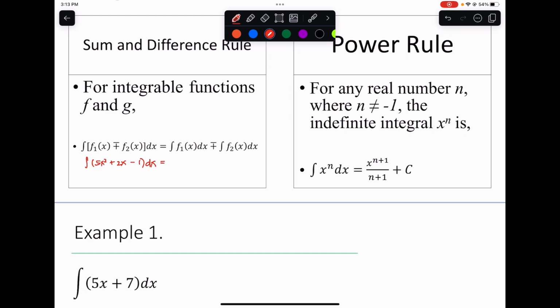Since there are three terms here, each separated by plus and minus, I can rewrite this using the sum and difference rule as the integral of 5x squared dx, plus the integral of 2x dx, minus the integral of 1 times dx, which is just minus dx. So that is for the sum and difference.